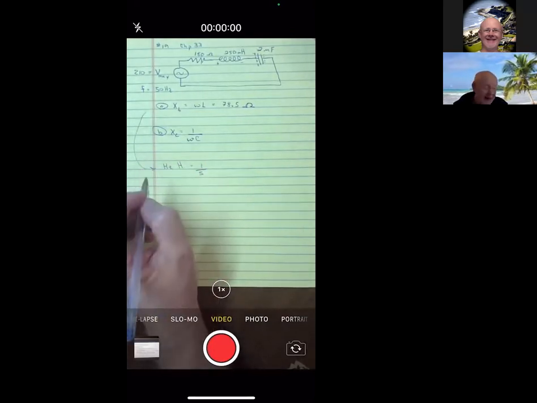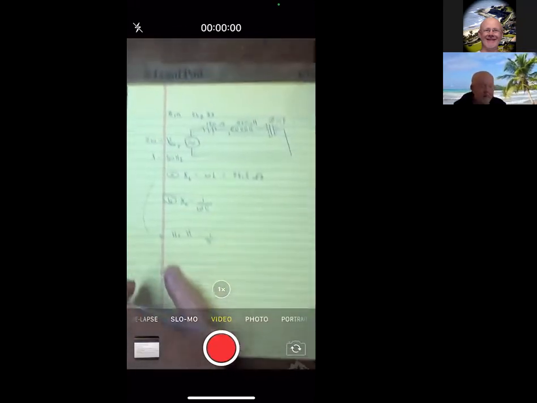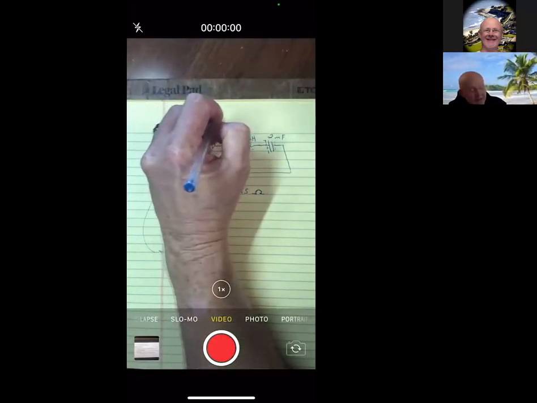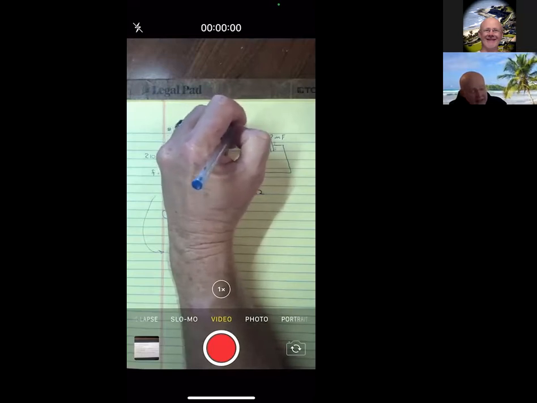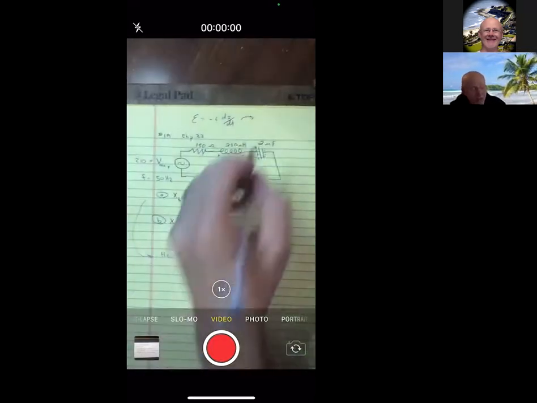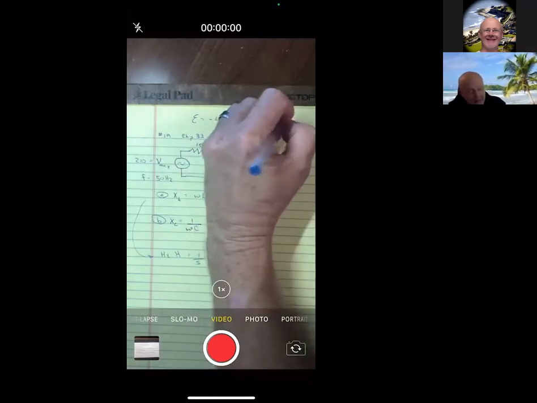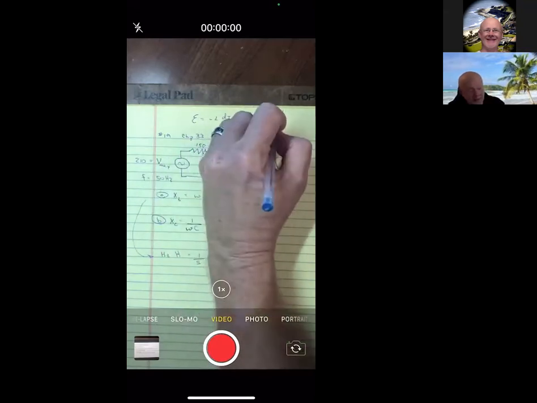Now a henry, always a hard one to remember. So let me show you a good way, I think, to remember it. It says the EMF is minus L di/dt, which if you rearrange it means that L is the magnitude of the EMF, so I'll get rid of the negative, divided by di/dt.